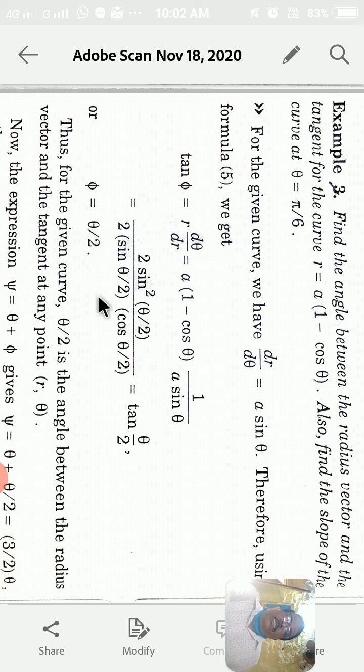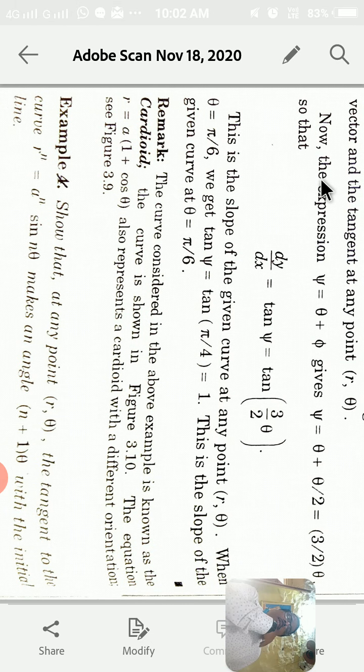Now to find the slope of the curve, psi is equal to theta plus phi. Substitute the phi value, which is theta by 2.